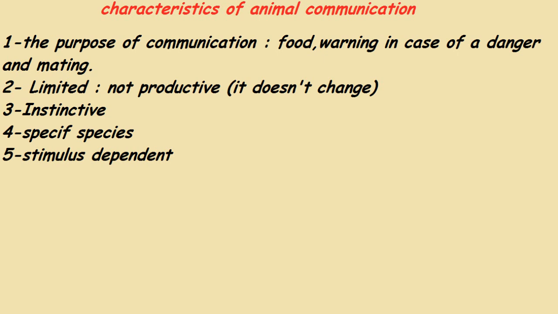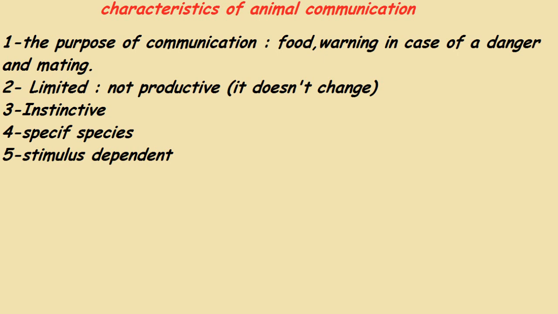I exemplify. If we take a dog of 1760, for example, that dog would communicate with other dogs in the same way as a dog of 2019, which means this kind of communication, the communication of animals, does not change. It does not improve, right?